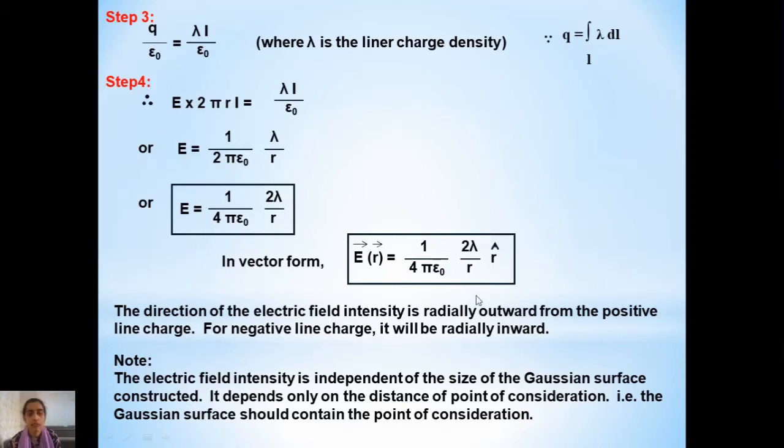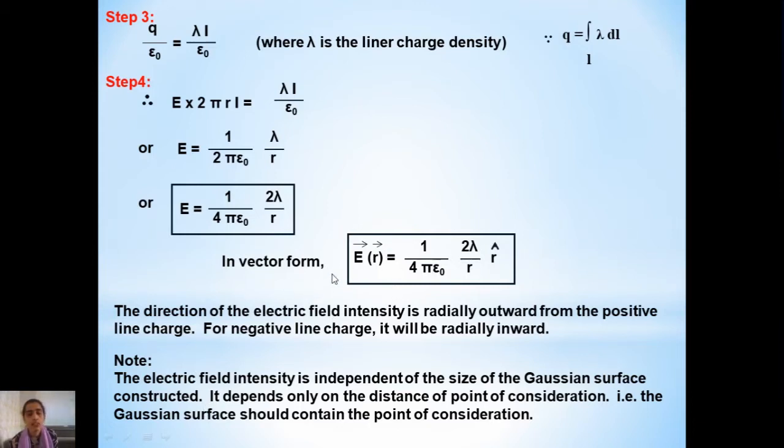And in vector form, if we write the electric field equation, we will get vector E equals 1 over 4 pi epsilon naught times 2 lambda divided by R into R cap, where R cap represents the unit vector which gives the direction of this electric field.